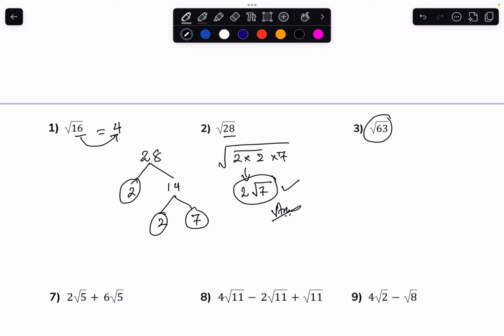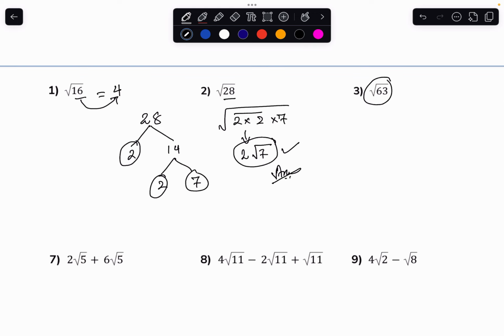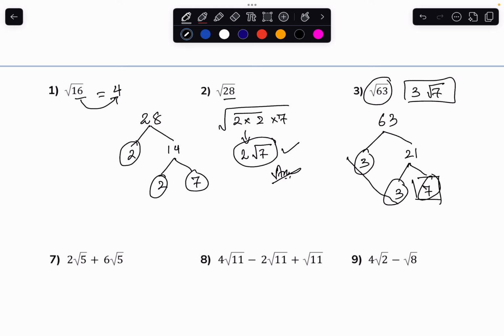Root 63. Again, we do the same thing. 63 can be written as 3 times 3 times 7. These are the prime numbers. Pair, 1 will get out. This 7 stays inside. 3 root 7 is your final answer.